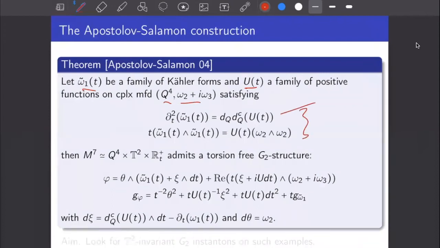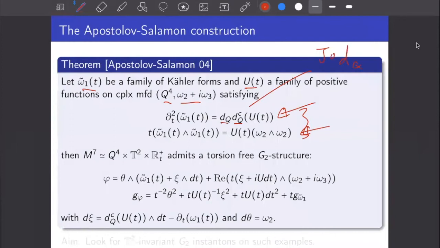The first one here is a second order PDE relating the symplectic form, the Kähler form, to this function u here. And the second one here is an algebraic relation between these 2 objects. Here d_Q is the exterior derivative on the 4-manifold, and d^c_Q is just J, the complex structure on this complex manifold Q, composed with d_Q.